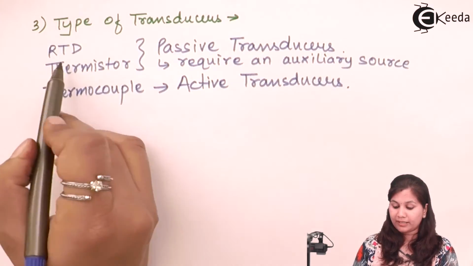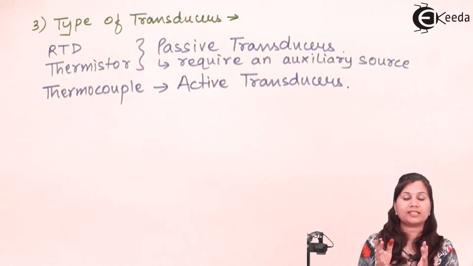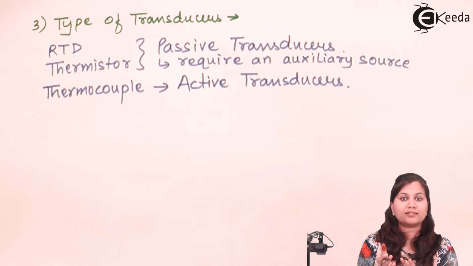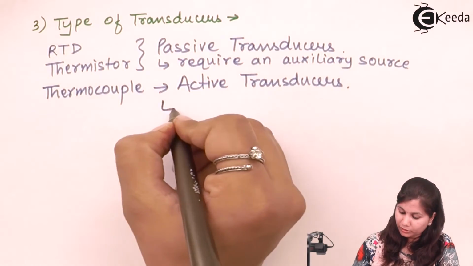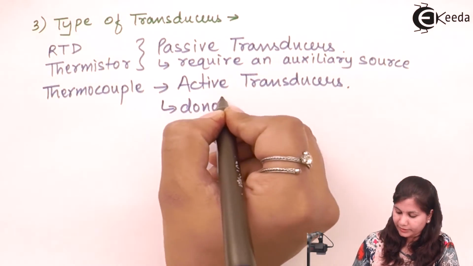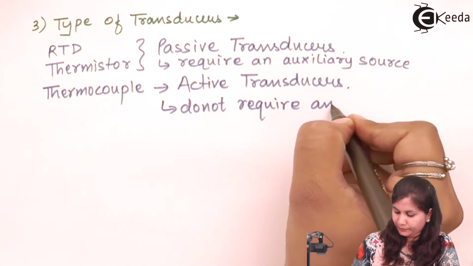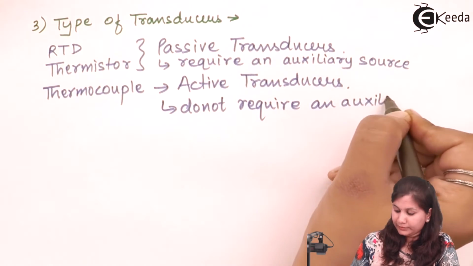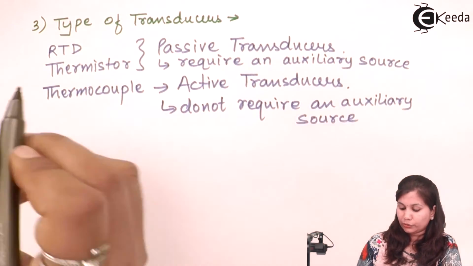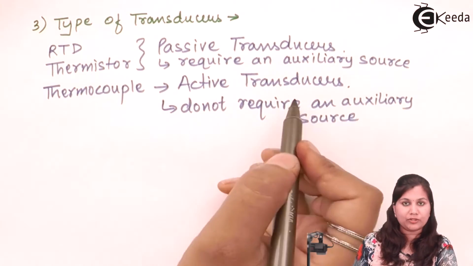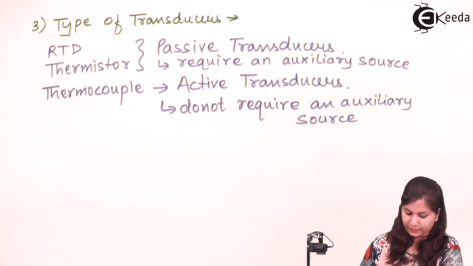But in RTD and thermistor, no electrical quantity is being generated, only the change in resistance is used to measure the temperature. That is why active transducers are also known as self-generating transducers. So thermocouple is an active or self-generating transducer, whereas RTD and thermistor are passive transducers.